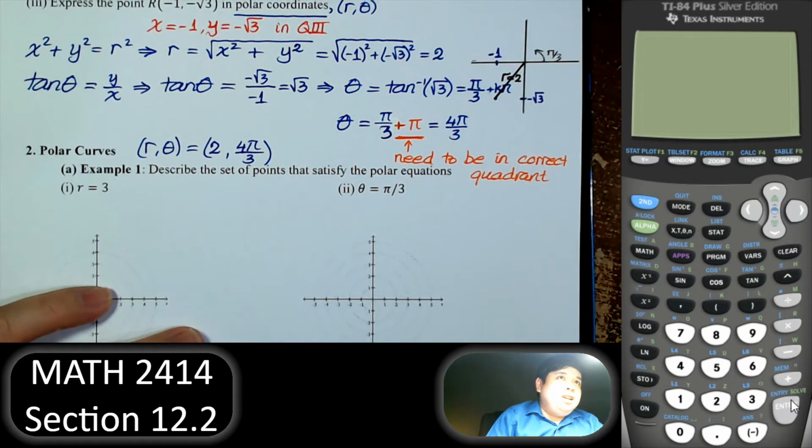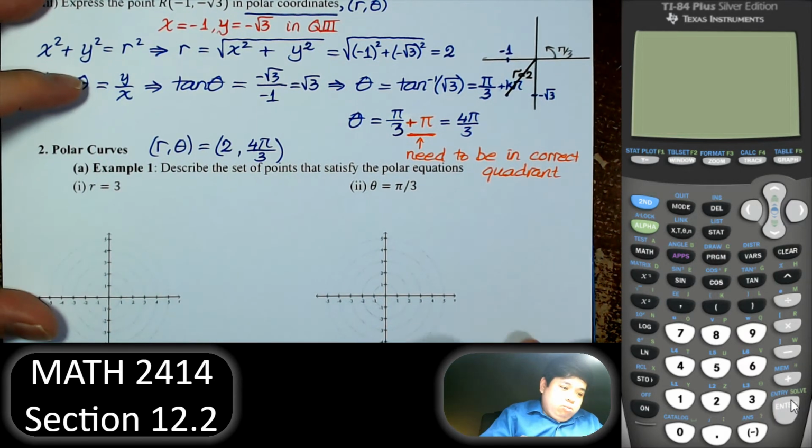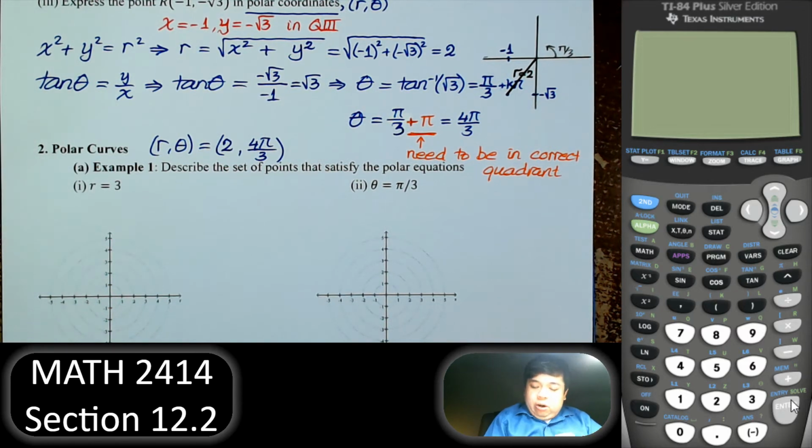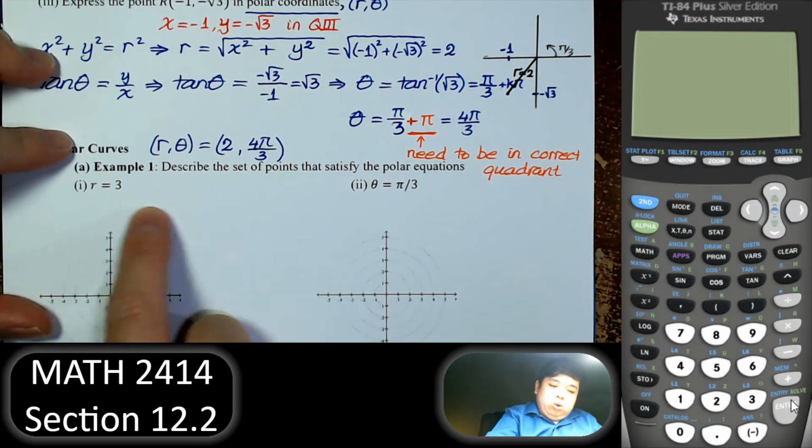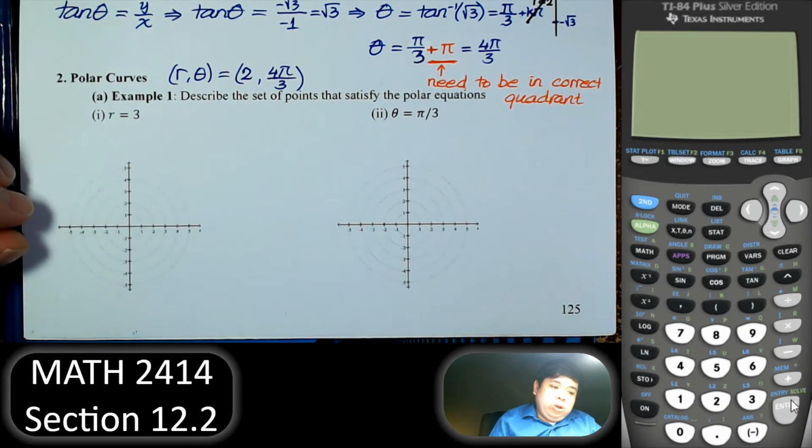But now we continue reviewing polar coordinates and polar curves. So polar curves is pretty much the set of all the points given in polar coordinates. So now we have r equal to 3. Now r equal to 3, what does that represent?